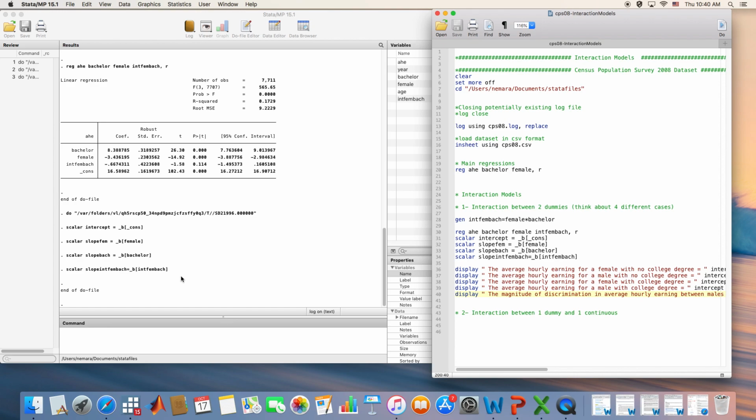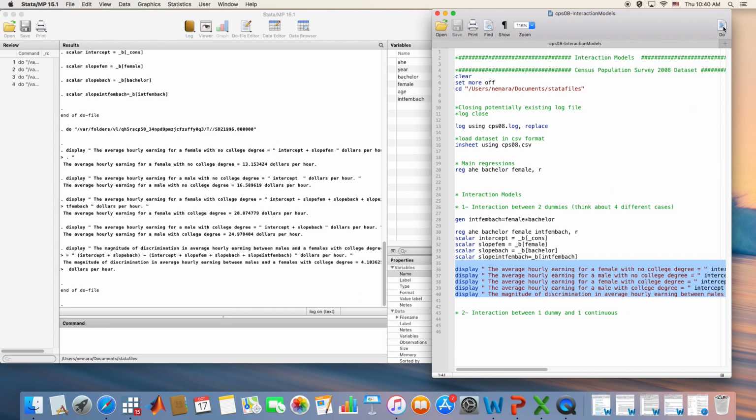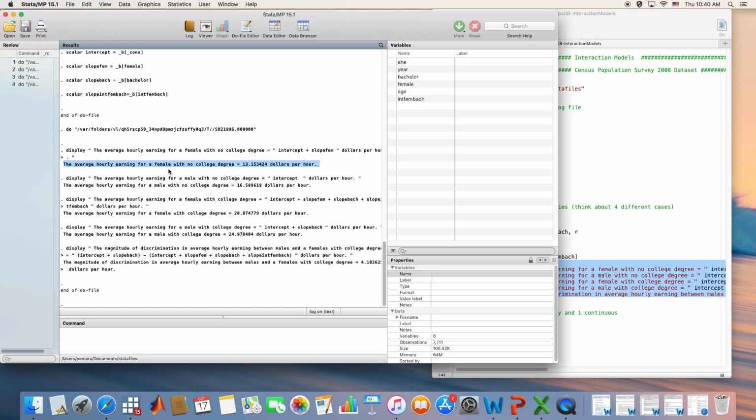So we did this already up to the scalar. Let's display the results. The average hourly earning for a female with no college degree is approximately 13.15 dollars per hour. Of course, males make more, so $16.58 per hour, both no college degree.